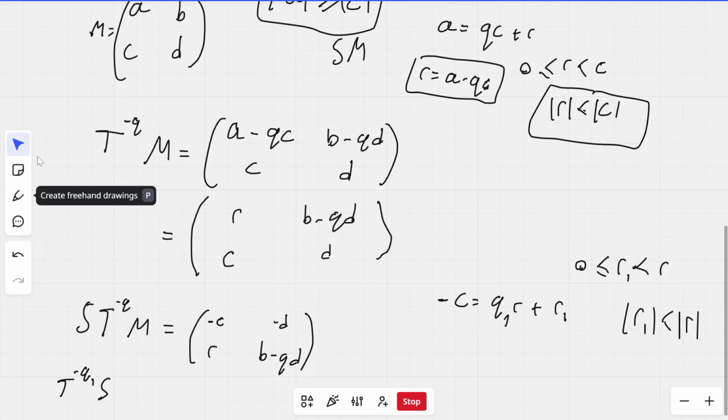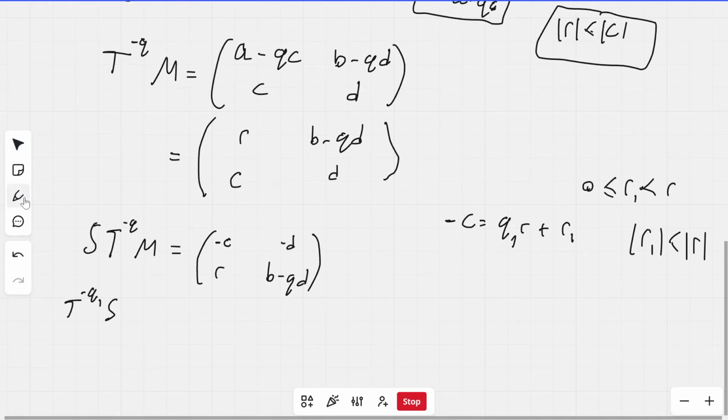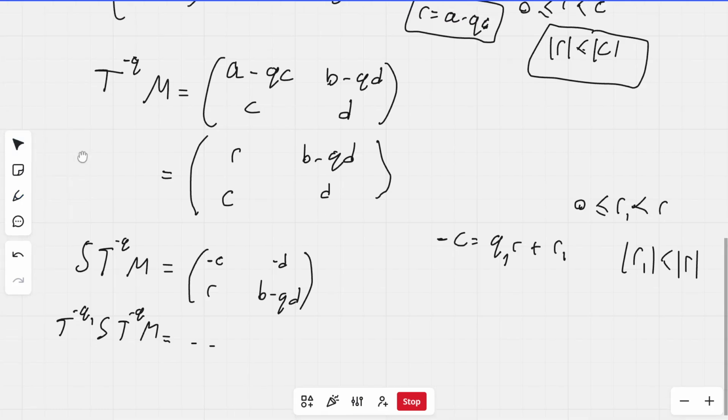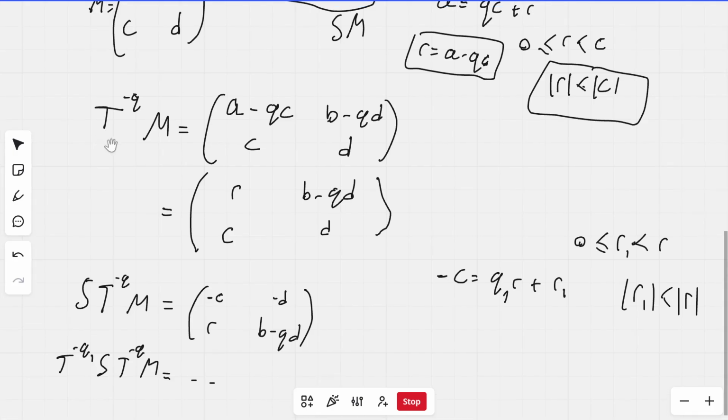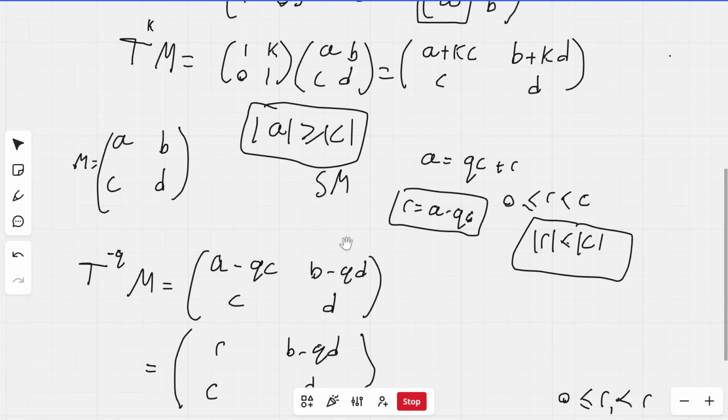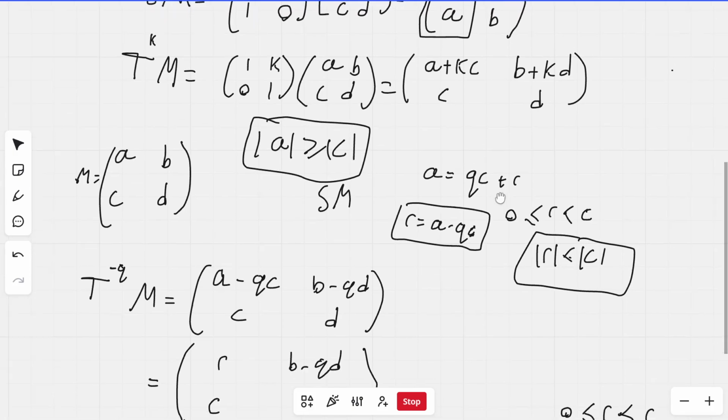S, T to the minus Q M, and we would get something else, and we'd be able to apply the division algorithm again. The point is, with the division algorithm, if you keep on applying it, you're eventually going to get R, your remainder, as 0.